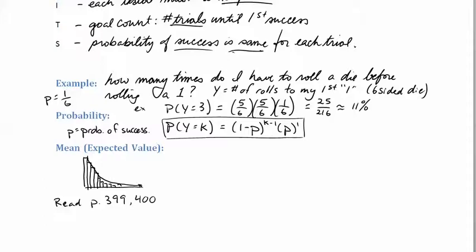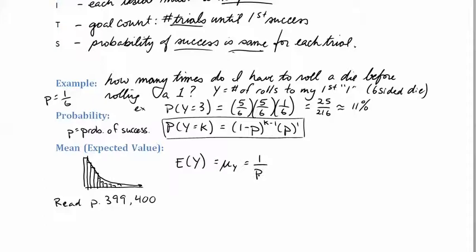So we're not going to derive our mean, but suffice to say that the expected value of a geometric random variable, the mean of y, will be equal to 1 over p.